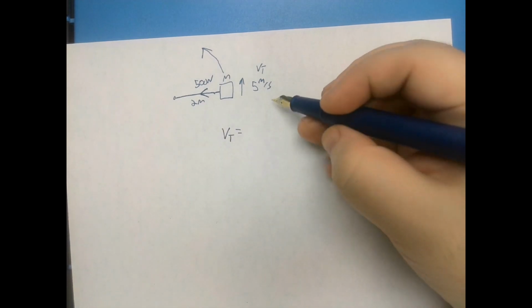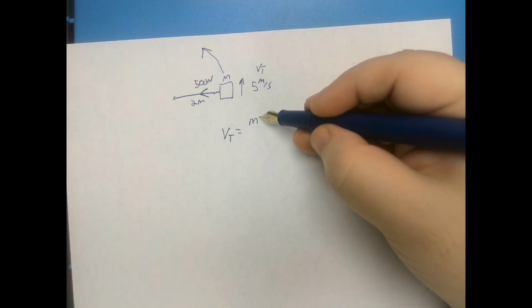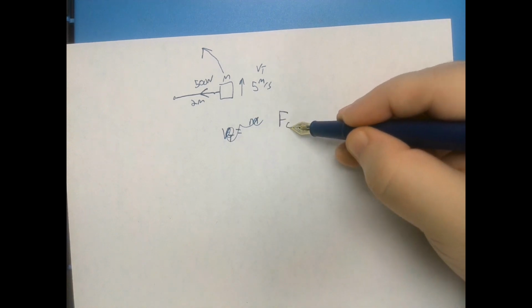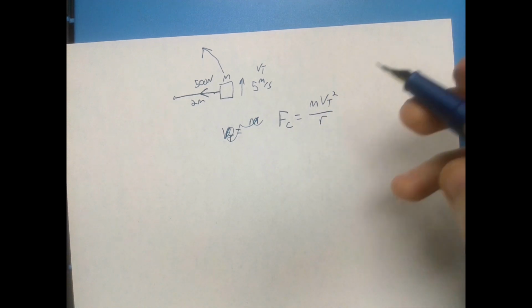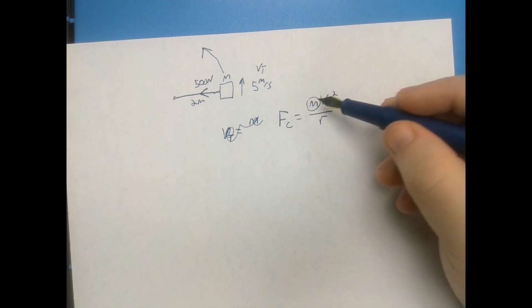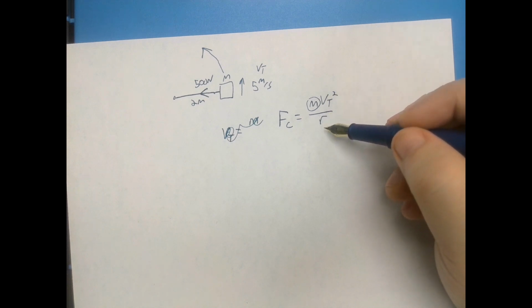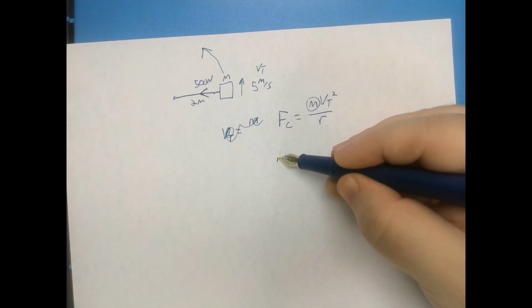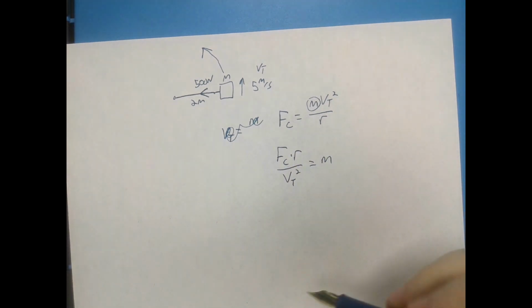So centrifugal force is equal to mass times tangential velocity squared over r. Solving for mass, we're being multiplied by the fraction v squared over r, so we multiply by the reciprocal. So force times r over v squared is our mass.